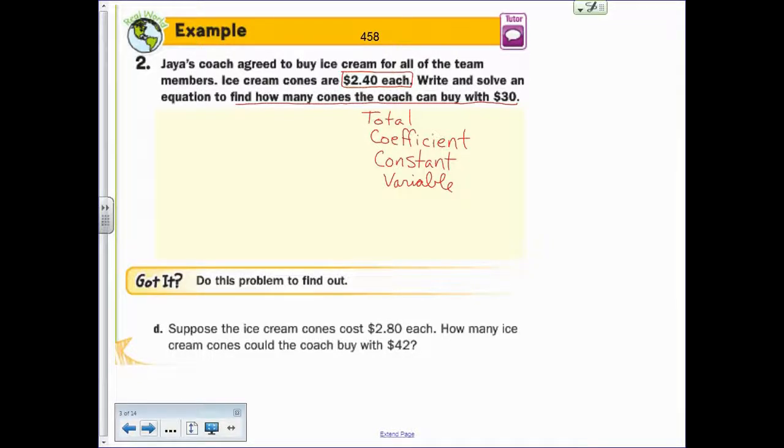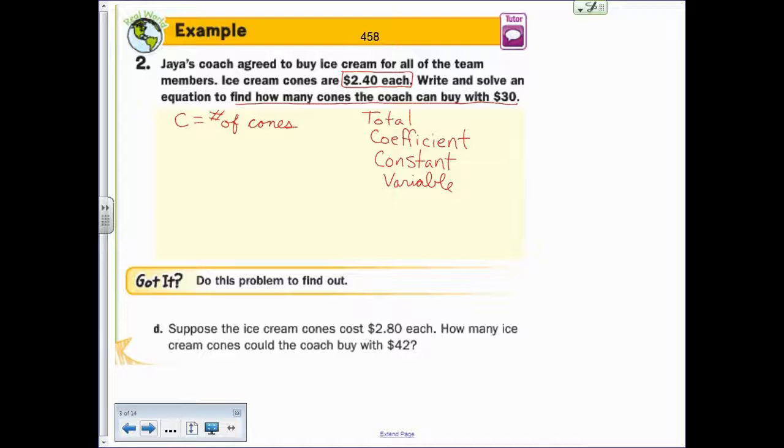So in this problem, what are we looking for? It says, find how many cones the coach can buy. Okay, so we're looking for C, the number of cones. Now, let's take a look at our other two numbers.